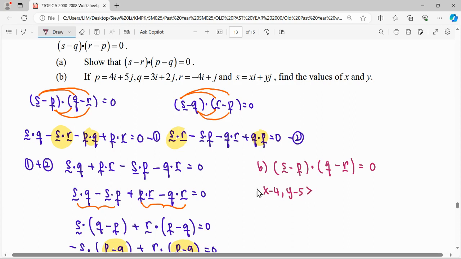So this is the vector S minus P dot with Q minus R.